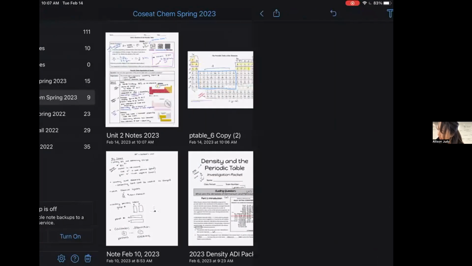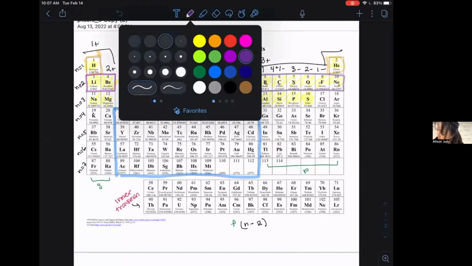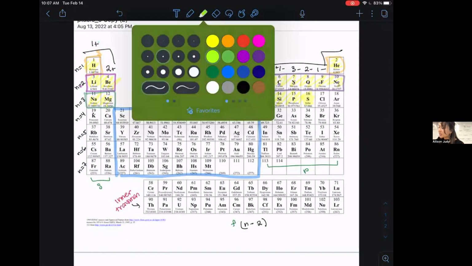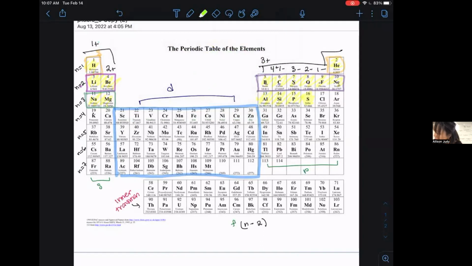To get to sulfur, I'm going to go green now. I need to bump up into row 3. 3s2. Am I at S yet? No. So I'm going to stay in the same color palette, green. 3p4. 1, 2, 3, 4.